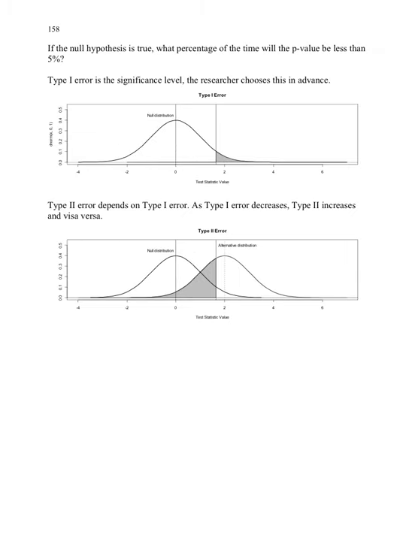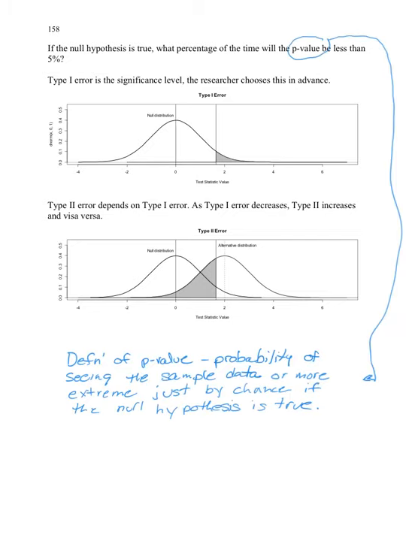So, if the null hypothesis is true, what percentage of the time will the p-value be less than 5%? Let's recall our definition of a p-value. The p-value is the probability of seeing the sample data, or more extreme, just by chance if the null hypothesis is true.